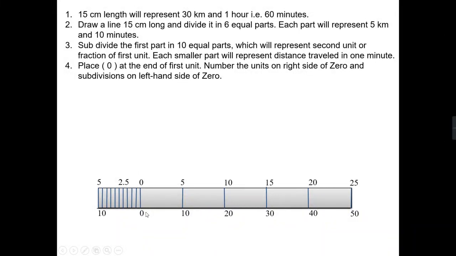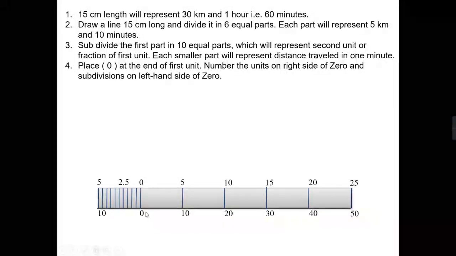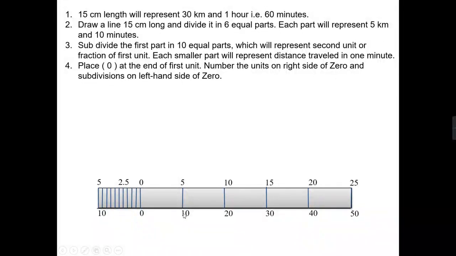So now the question has asked to represent the distance which the train has covered in 29 minutes. So you can measure the 20 from here and 9 from the subdivision part.